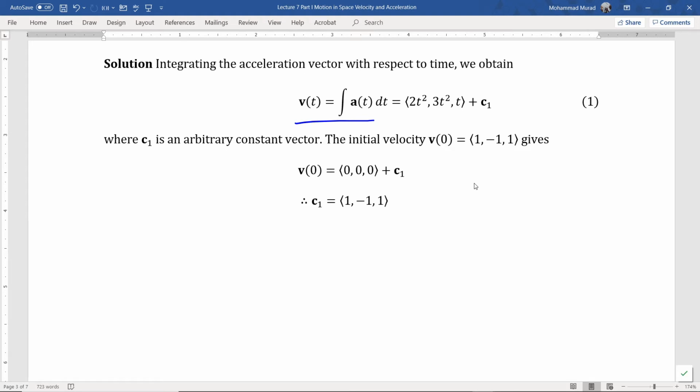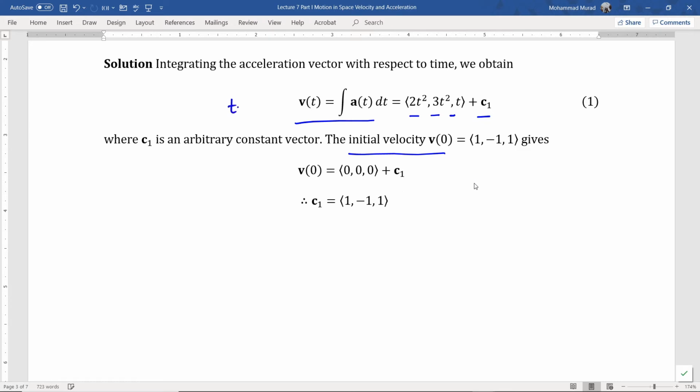So the vector has components 2t squared, 3t squared, t, plus a constant vector c1 of integration. To determine the constant vector c1, we apply the initial velocity. V at 0 is the vector with components 1, negative 1, 1.